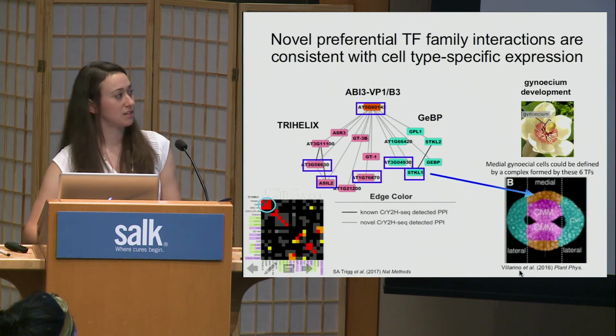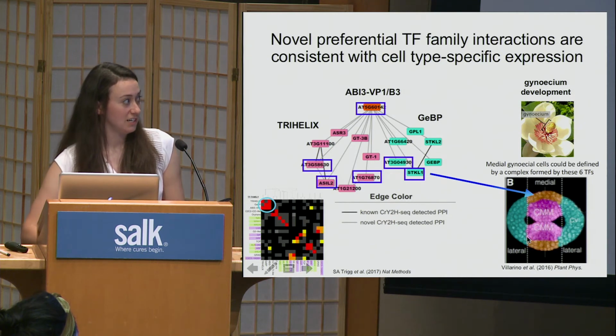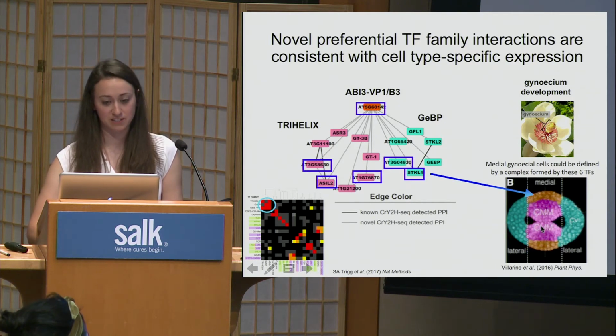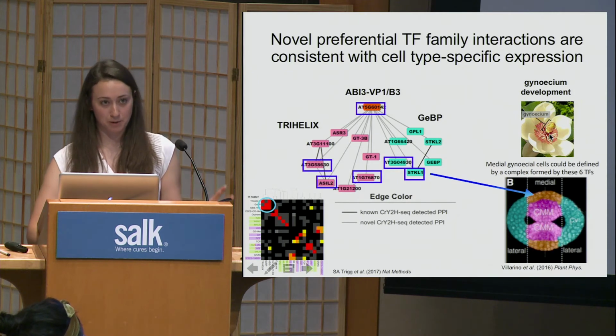In this study done by Villarino et al., they performed RNA-seq experiments on these 3 different cell types in the gynoecium. And the gynoecium is the egg-developing part of the plant.